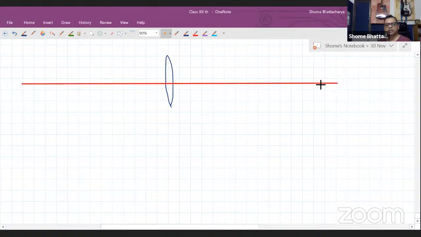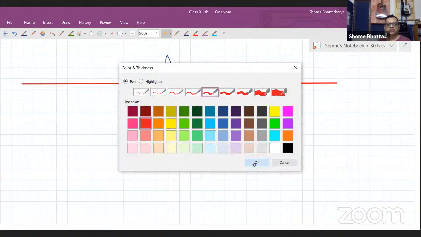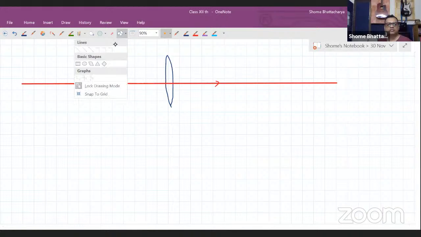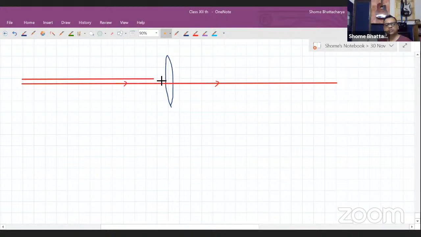A beam of light coming exactly along the principal axis goes undeviated. If you have a very distant source of light lying on the principal axis, then the light coming from it will be parallel beams which are very close to the principal axis.